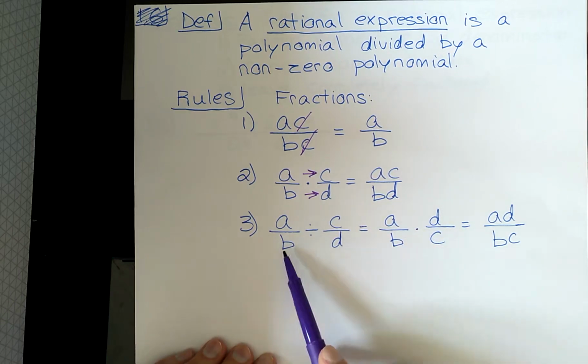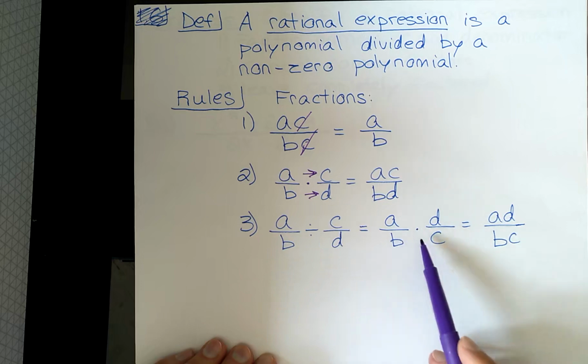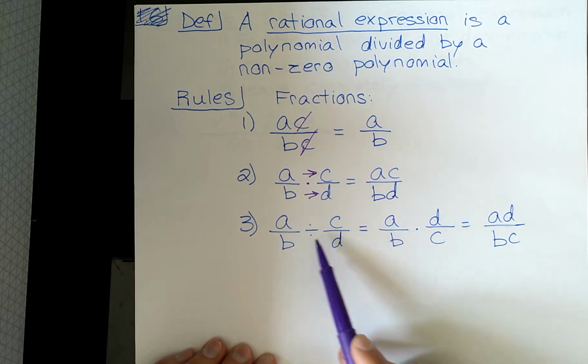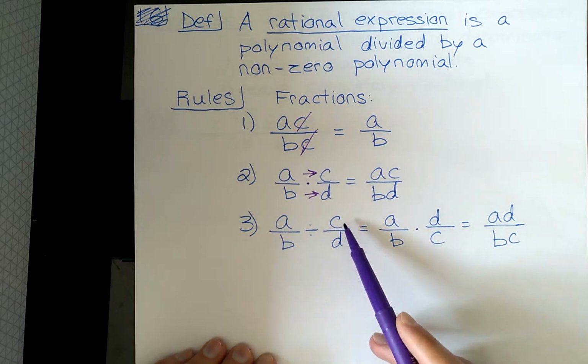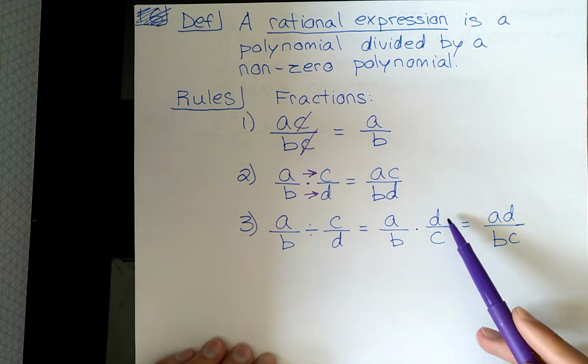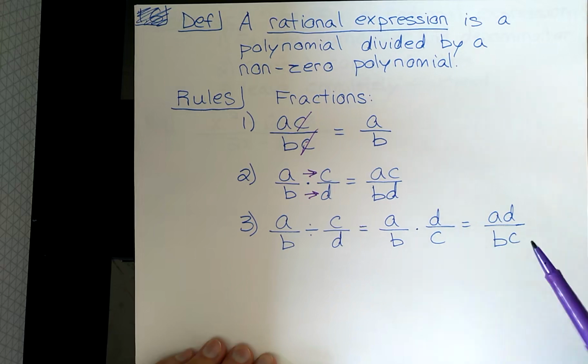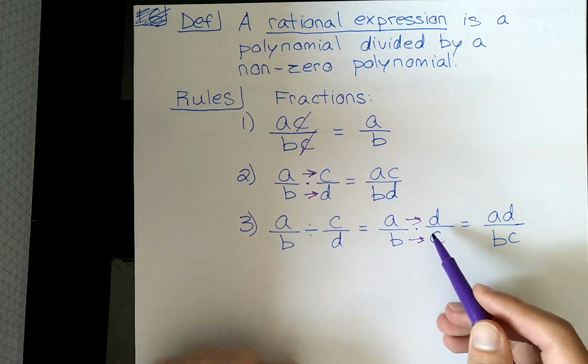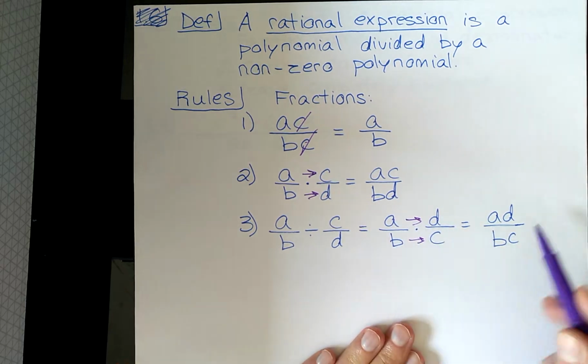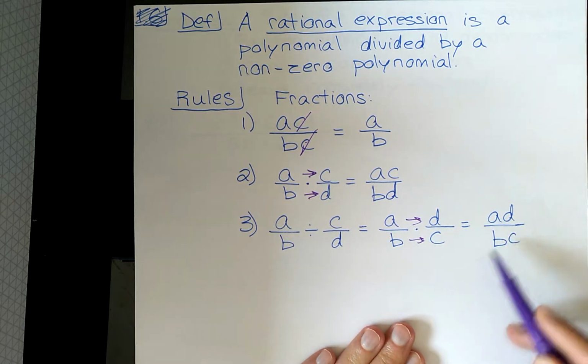You copy down the first fraction, you change it to a dot, meaning multiplication instead of division, and then you flip the second fraction. Instead of C over D, we have D over C. Again, when multiplying two fractions, you multiply straight across, which gives us AD over BC.